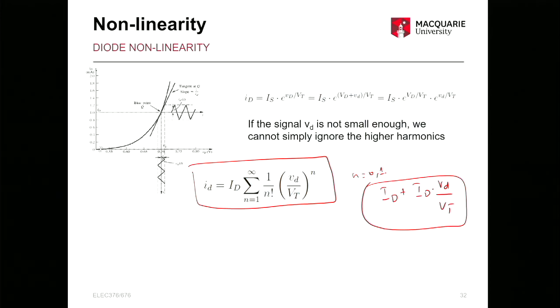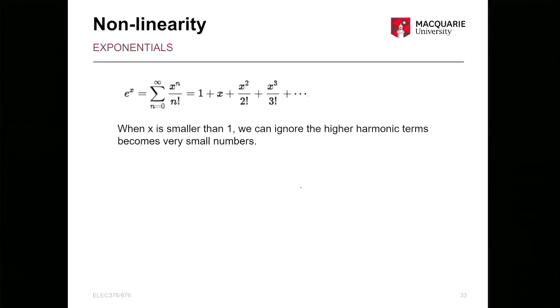But it is actually not only up to 1. There could be 2, 3, up to infinity. So there are infinite terms. Each term means there is an infinite number of harmonics there. So this is what we used, e power x, the summation of different terms in increasing orders.